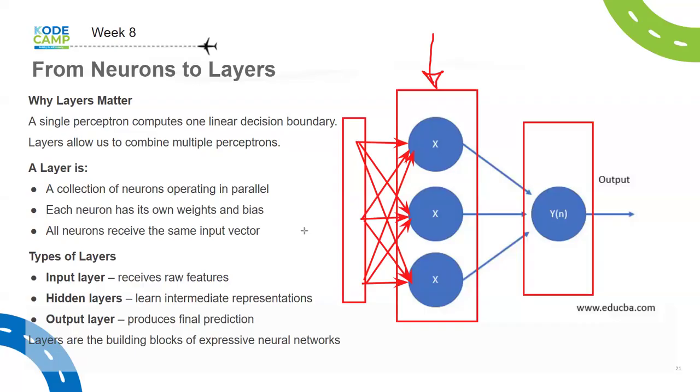And then the output layer is what produces the final prediction. So you can see that even though we have neurons, layers become the building blocks for the expressive neural networks that we have today.